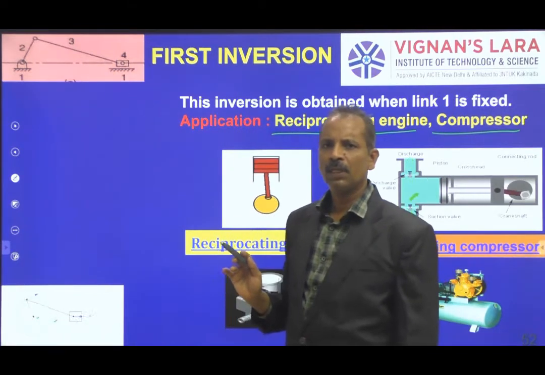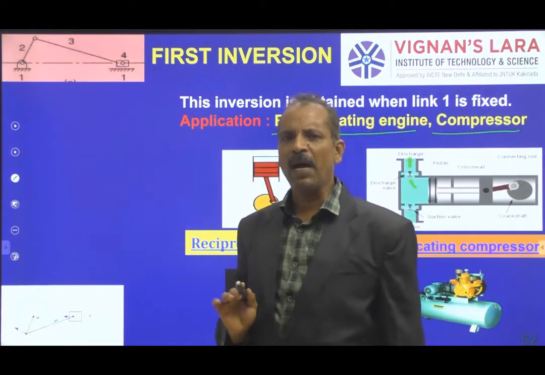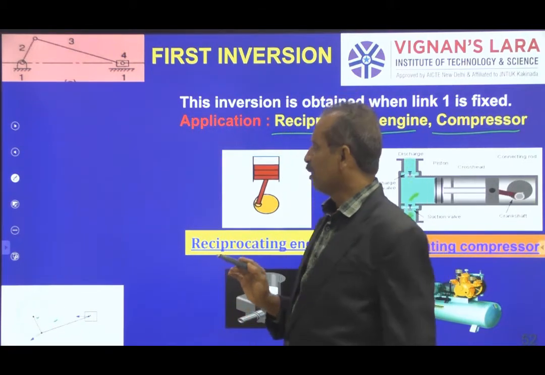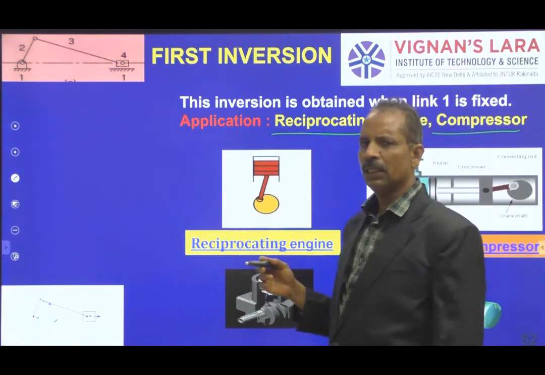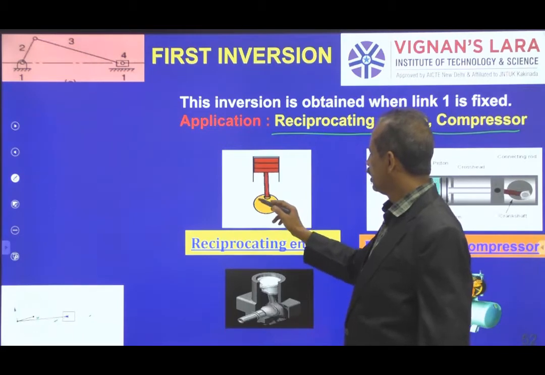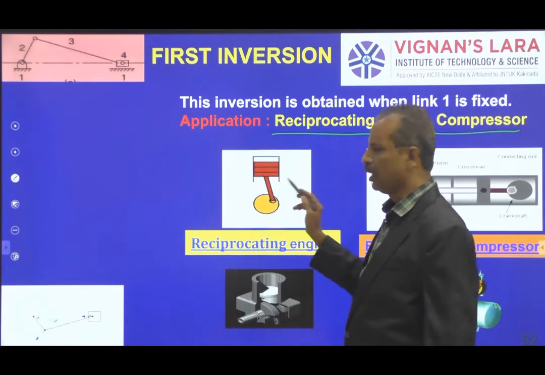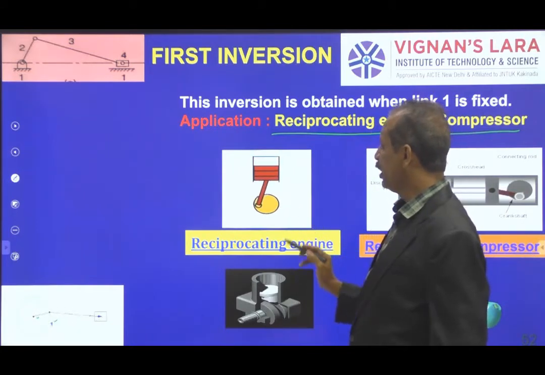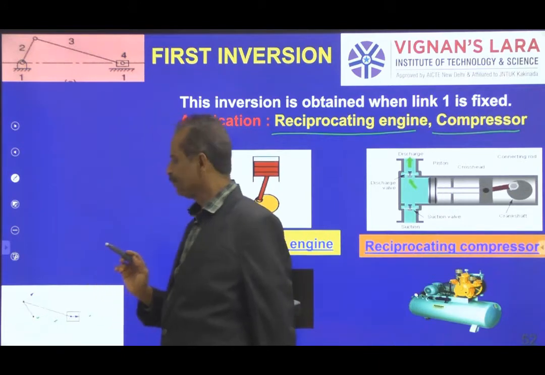For simplicity, we convert those things into a line diagram. So here there is a yellow disc, which can be represented by a line like this, the crank line.